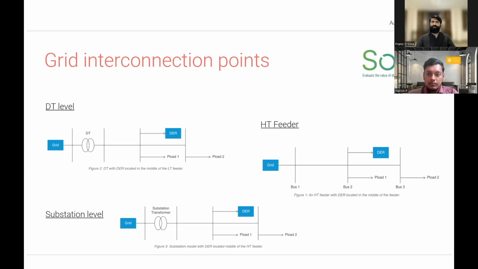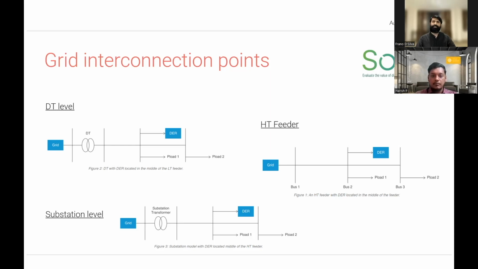Each of these analysis levels will have three interconnection points: the tail end, middle end, and the sending end. The sending end will be closer to the point of grid interconnection, that is, from where grid supply comes in. On the distribution transformer level, it will be closer to the distribution transformer.